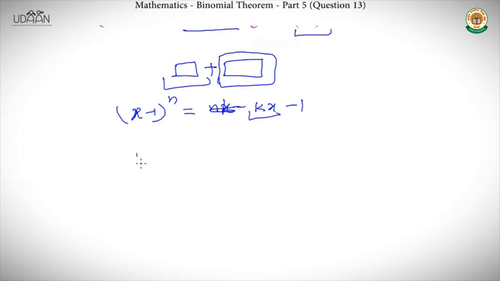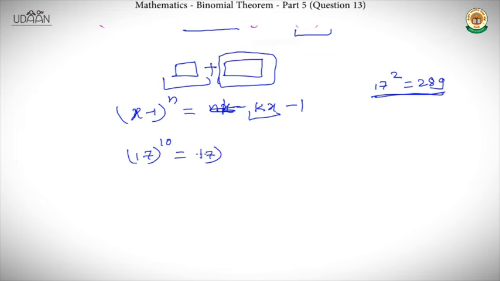Let's see. So 17 whole raised to 10. How can we get it? If x is a multiple of 10, then we can get some part of kx as a multiple of 100. So 17 whole square is equal to 289. This is the main clue. So we multiply and divide 10 by 2.